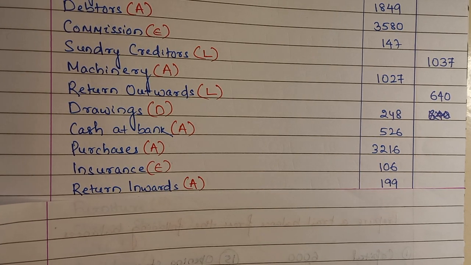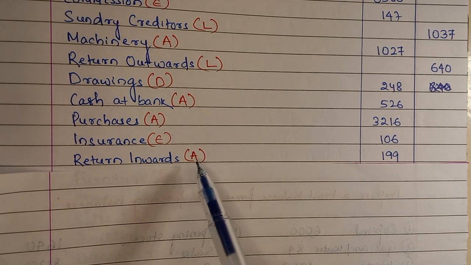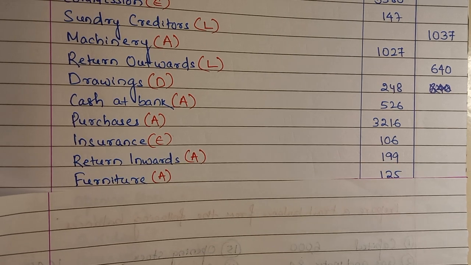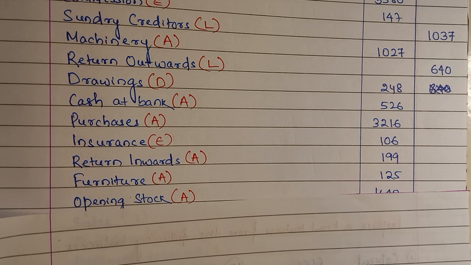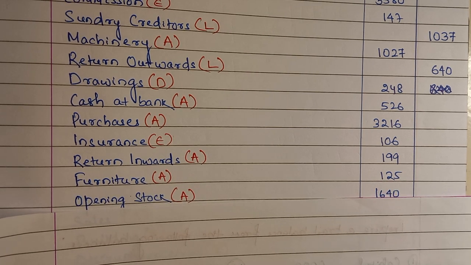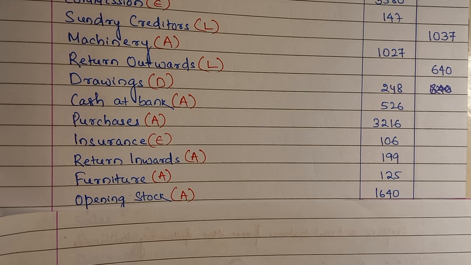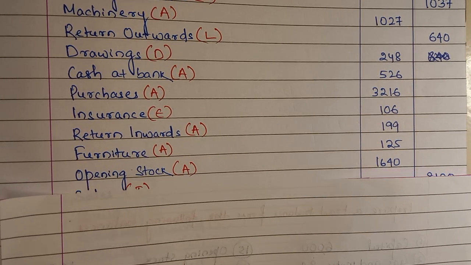Return outward is a liability; return inward means inventory coming in, so it's an asset. So 199 reported as debit. Furniture, asset, reported under debit, 125. Opening stock: whether it is opening stock or purchased during the year, all are inventory, right? Inventory is an asset. So 1640 is reported under debit.